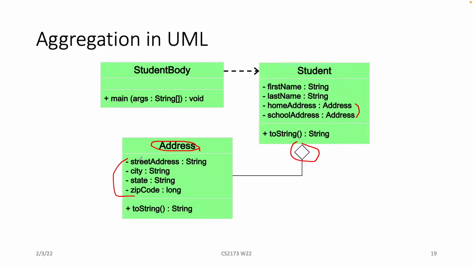It's not that we pay a penalty for those. It's that if we were to ask the student, what's your home address, we'd have to fetch all of these individual things. Whereas here, if we ask the student object, what's your home address, it simply gives us one thing.